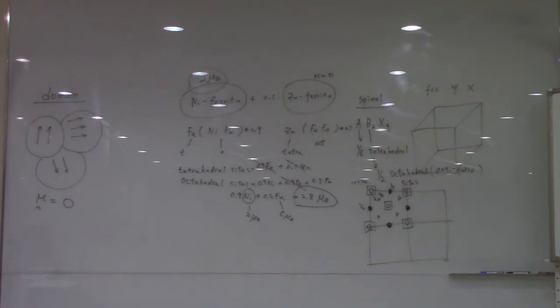But when we apply a magnetic field to this material, one of the domains is favored, so that the differently oriented domains have different sizes, and then it can have a net magnetic moment. So from now, what we are going to talk about is how this domain size can be determined, how the orientation of each domain can be determined, things like that.